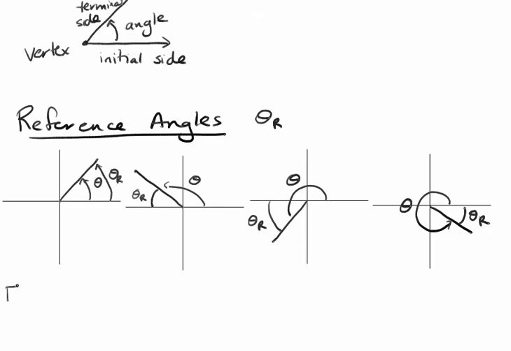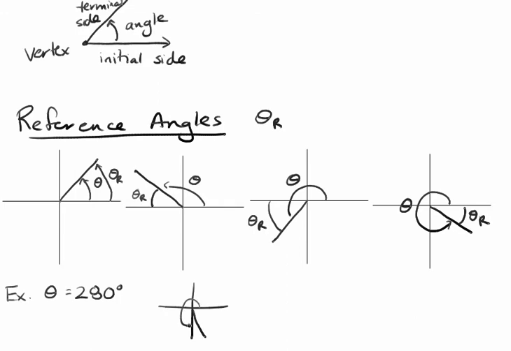For example, let's say we have the angle theta equals 280 degrees. The reference angle for 280 degrees: 280 degrees is going to be in our 4th quadrant, so it would be down here.